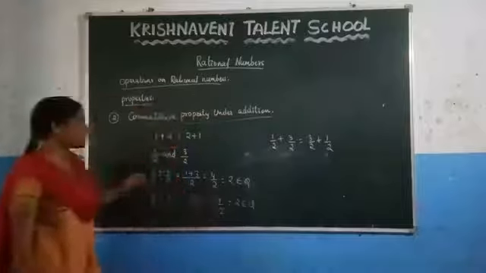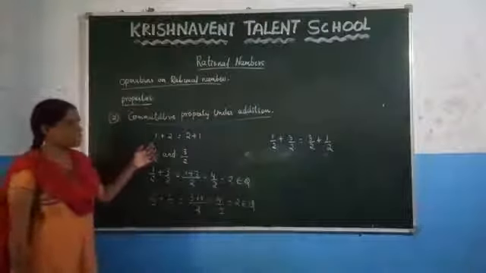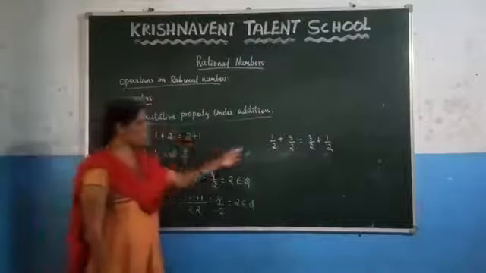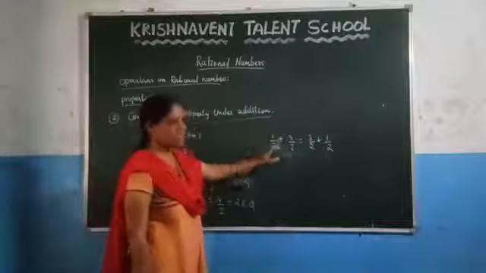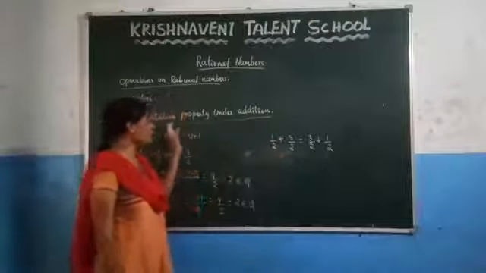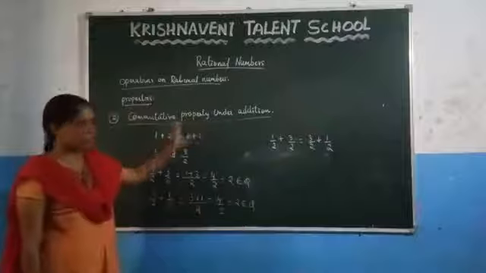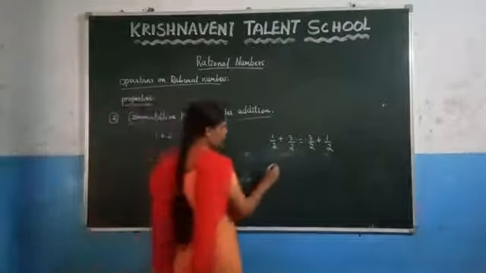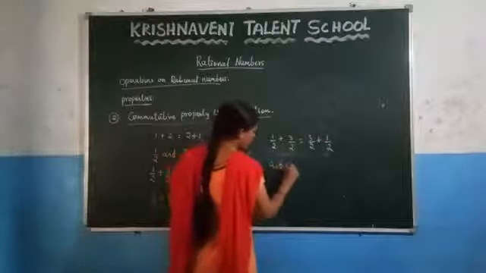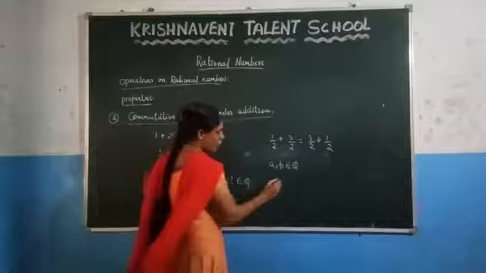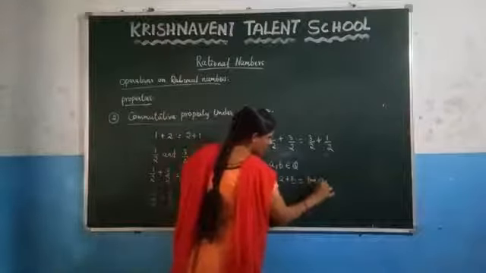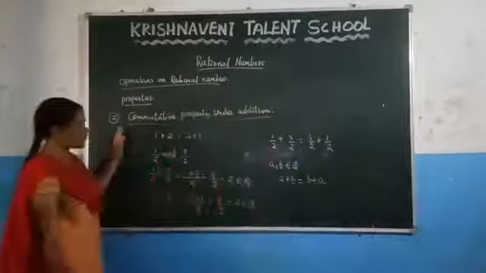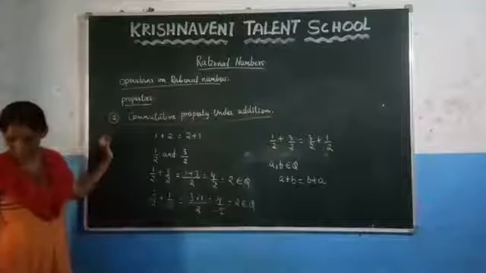That means if you consider any two rational numbers and add them after changing the order, the result is also the same. So we can say that the commutative property holds good under addition. Now how do you define it? If you consider any two rational numbers a and b, a plus b must be equal to b plus a. Then we can say that the commutative property holds good under addition.